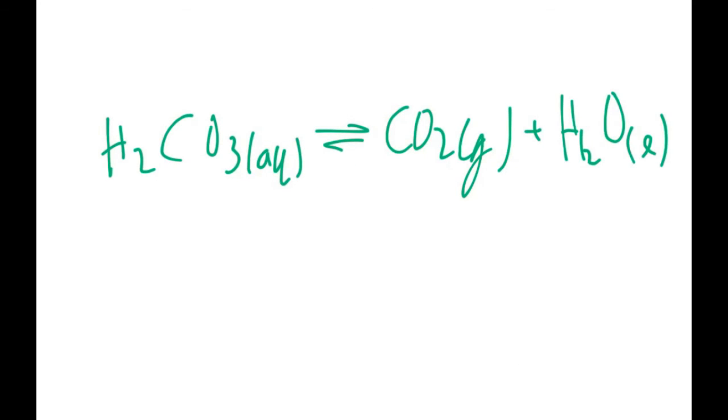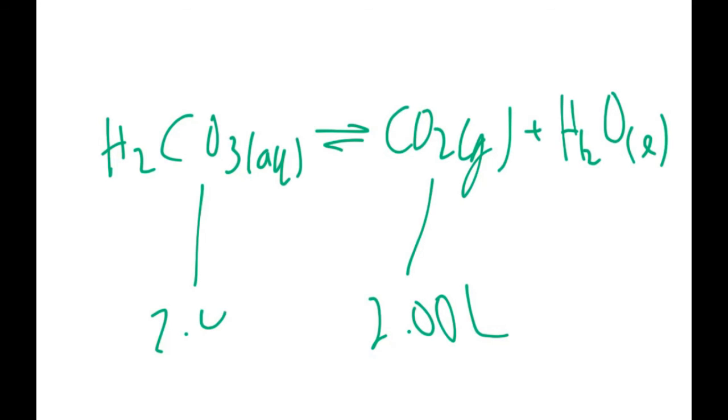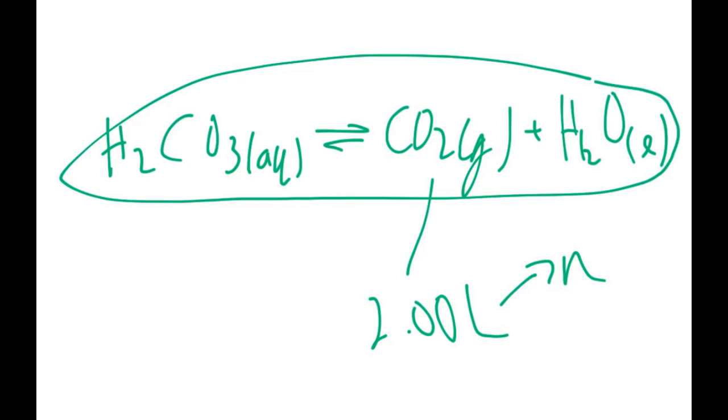For example, if I said that 2.00 liters of CO2 gas was produced in this reaction, you would not say that 2.00 liters of carbonic acid was used up, because carbonic acid is aqueous and not a gas. So you have to resort to using other methods, such as converting this to moles and looking at this reaction in terms of moles in order to achieve what you want.